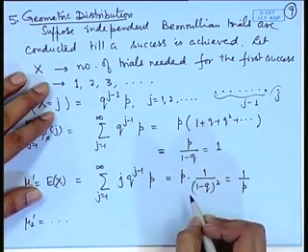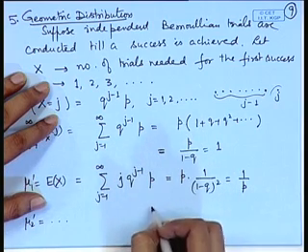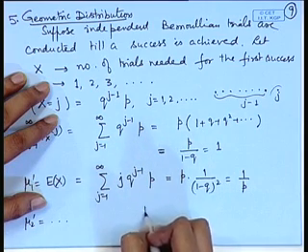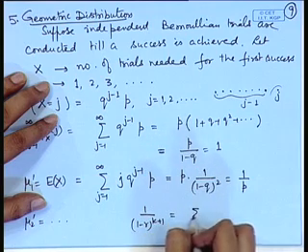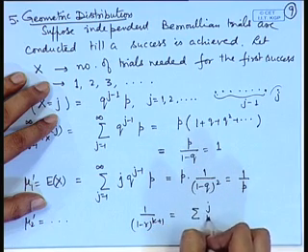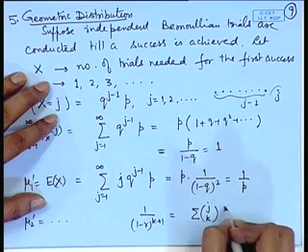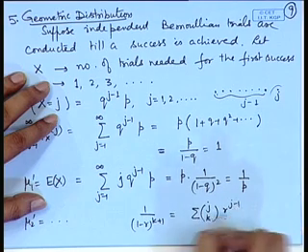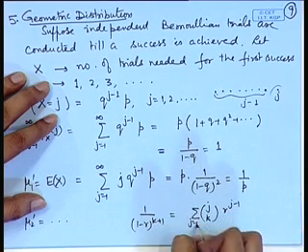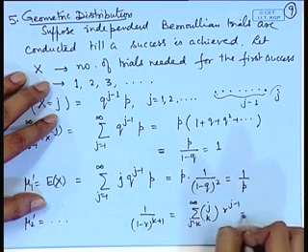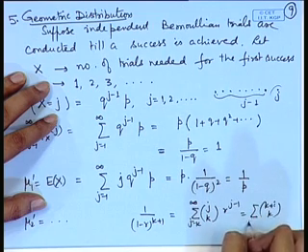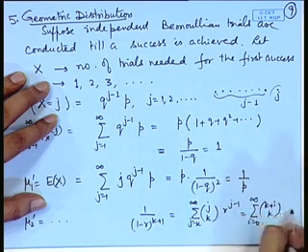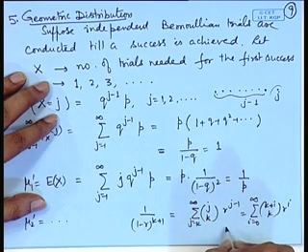So, in general we will make use of the formula 1 by (1 minus r) to the power k plus 1 is equal to sigma j C k r to the power j minus k, j is equal to k to infinity, or we can also write it as sigma k plus i C k r to the power i, i is equal to 0 to infinity.